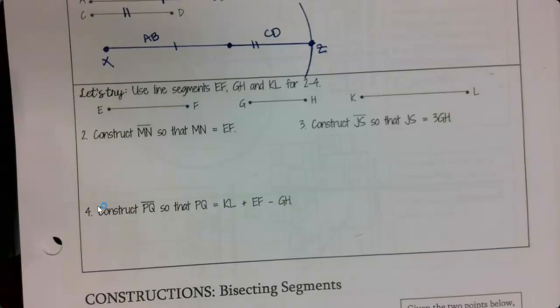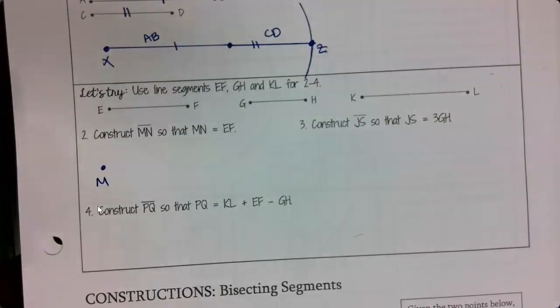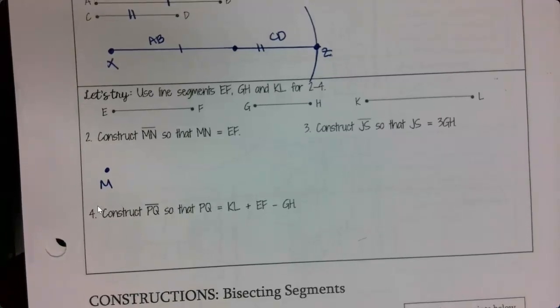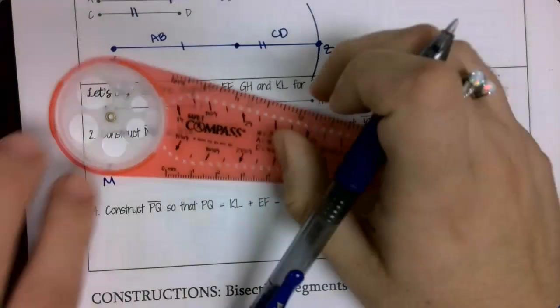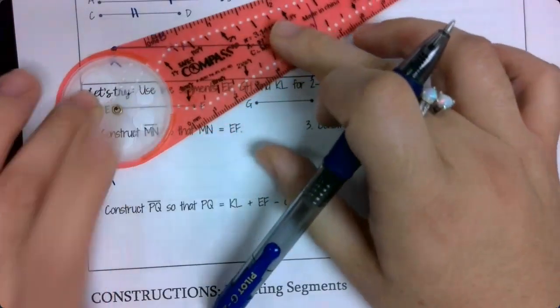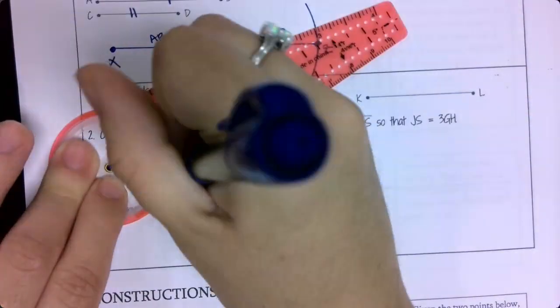Okay, so same idea for 224, it just gives me different line segments. It wants me to construct MN so that MN is the same length as EF. So I'm going to draw my own point for M. I'm going to line my golden piece up to E and find my hole for F. And then remember that hole and draw it.